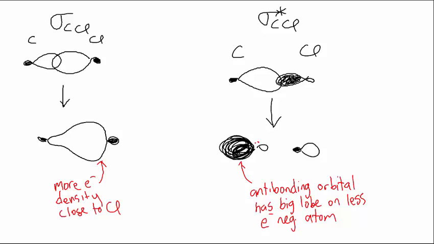No, this is carbon, this is chlorine. So the bonding orbital lies closer to chlorine. The antibonding orbital lies more on carbon. And again, that's going to have repercussions in terms of reactivity.